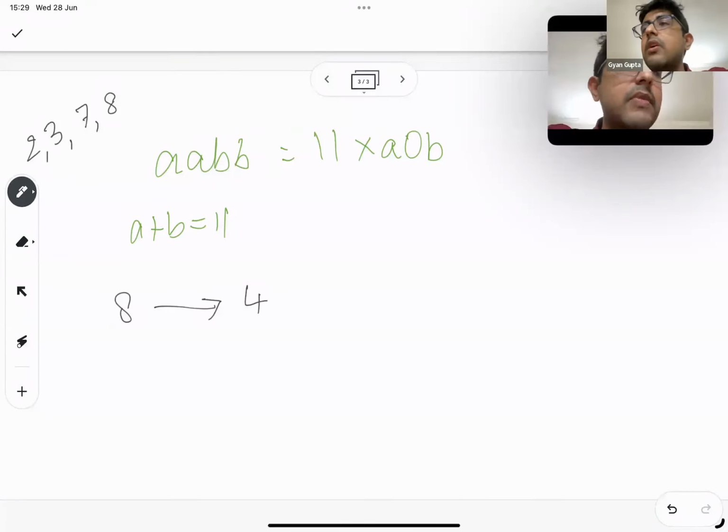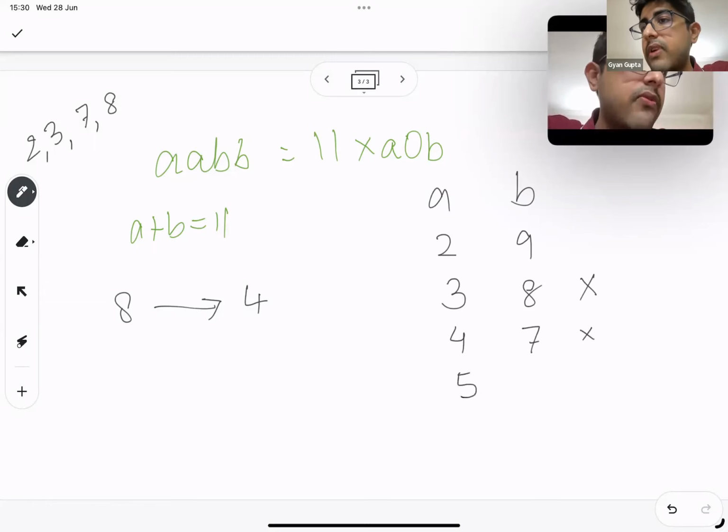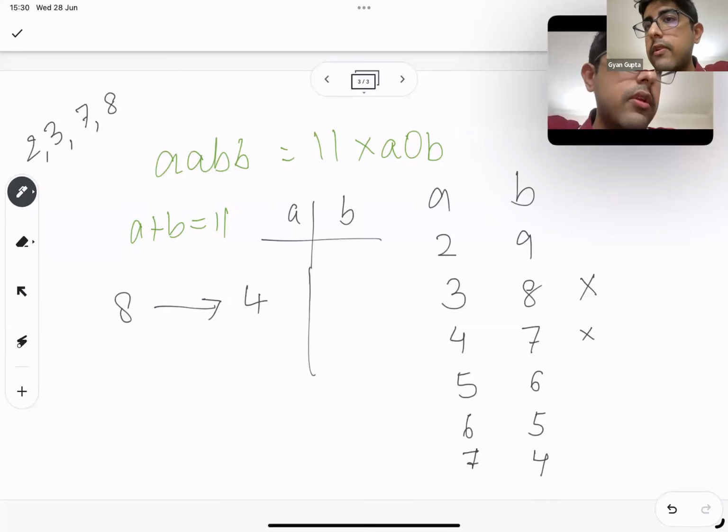Sounds good? We have just eliminated a lot more. So possible values of A and B are: if A is 2, B is 9. If A is 3, B is 8, this is not possible. 4, 7, not possible. 5, 6, 6, 5, 7, 4, or you also have 8, 3, again not possible. 9, 2, not possible.